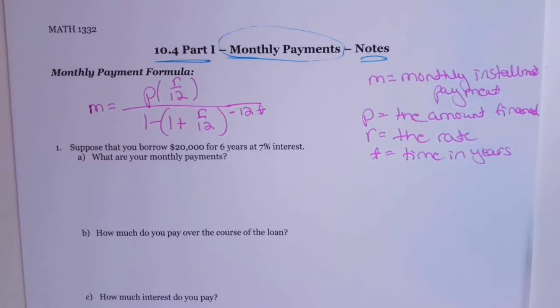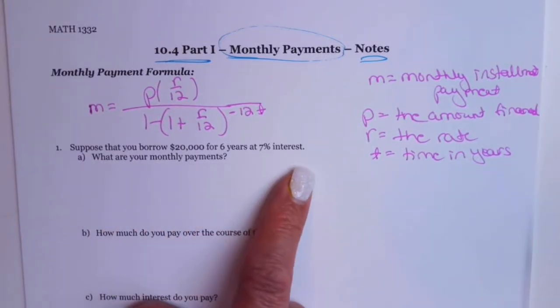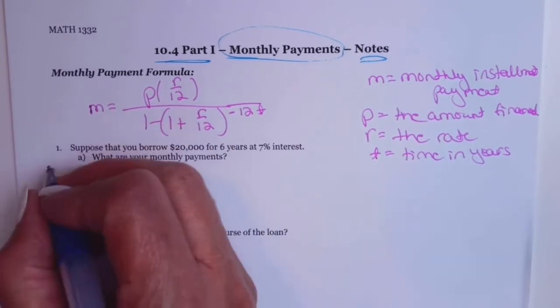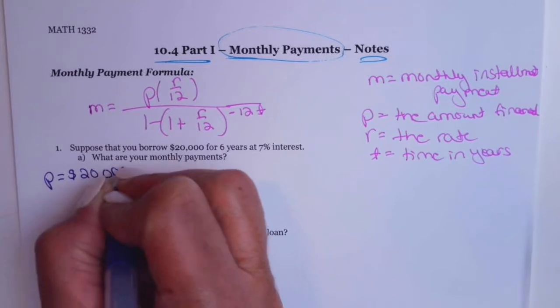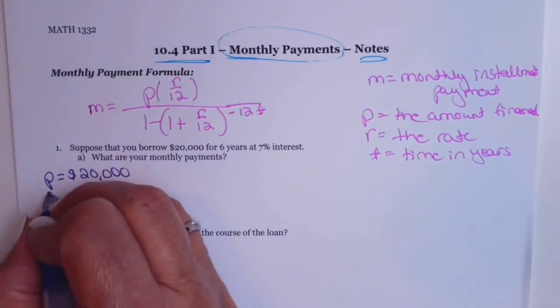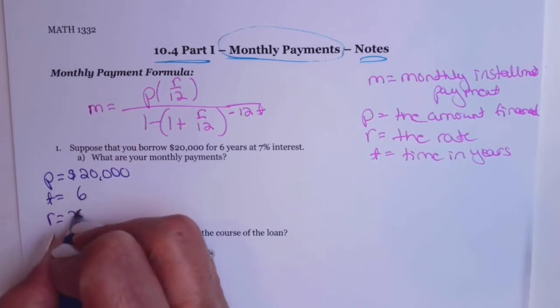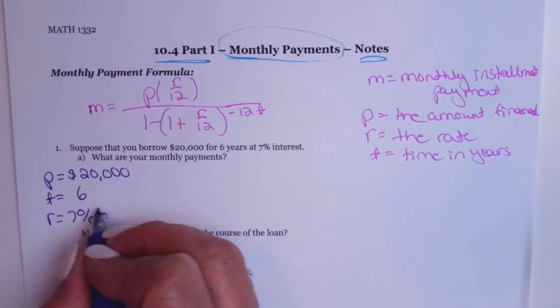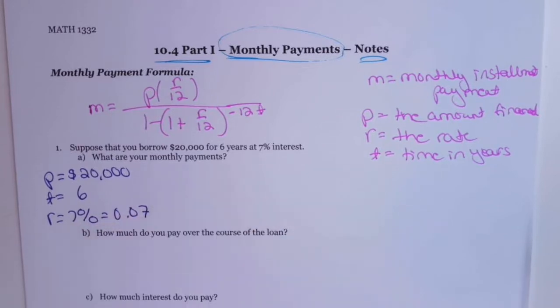So number one, suppose that you borrow $20,000 for 6 years at 7% interest. So that means that your P here is $20,000. Your T is 6 years, and your rate is 7%, which divided by 100 would be 0.07.